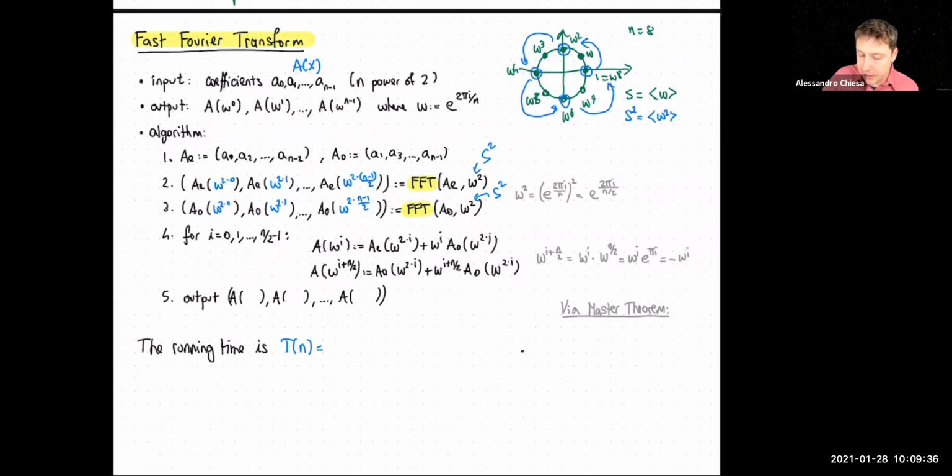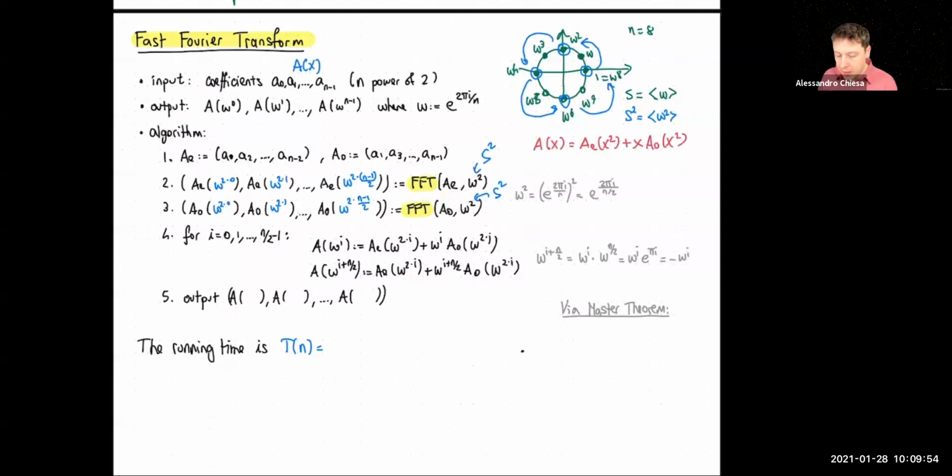But remember our expression, let me write it in a different color yet, in red. Our expression said A at some value x equals AE of x squared plus x times AO of x squared.